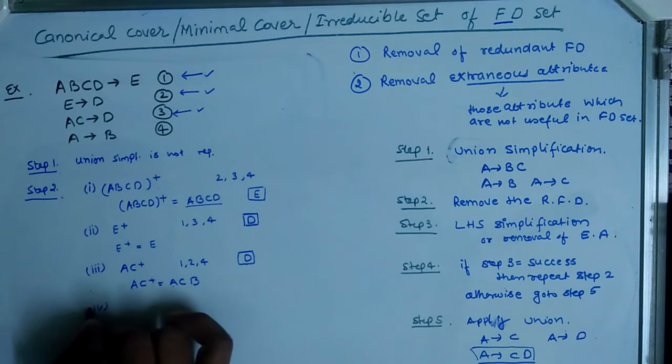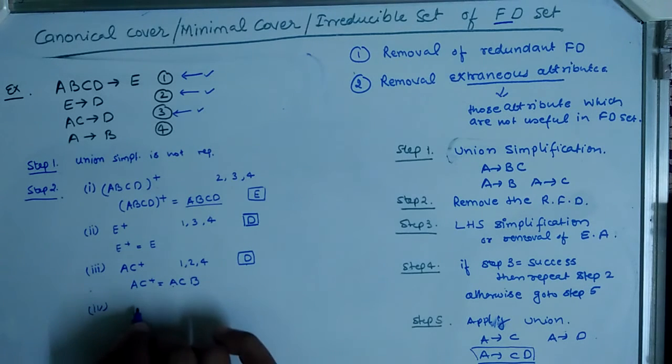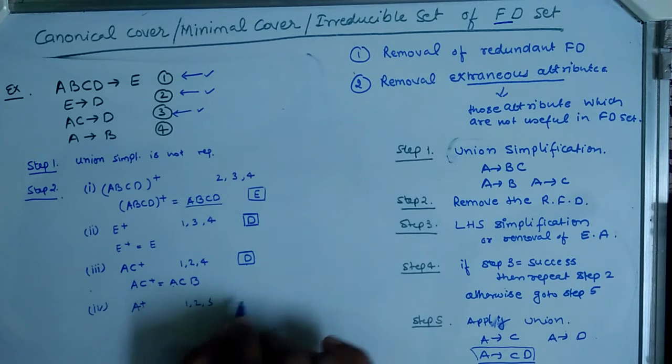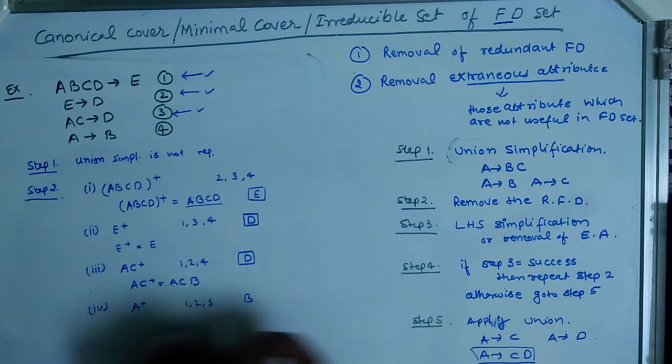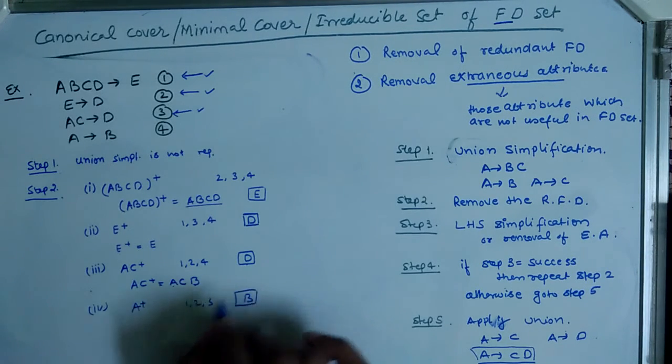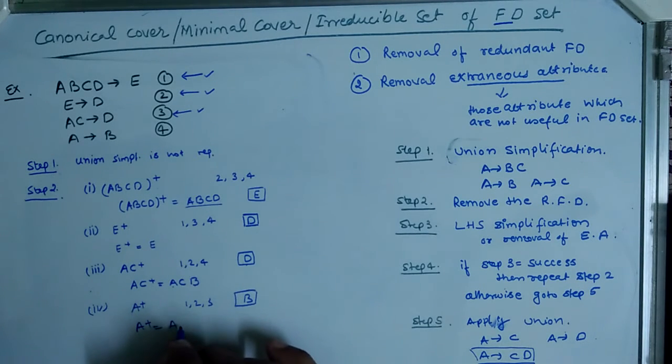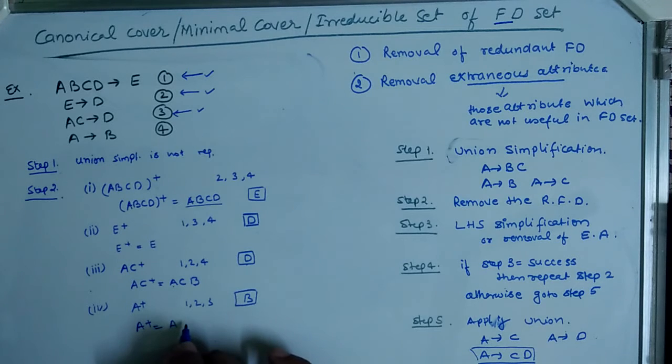The fourth functional dependency is A tends to B. You need to find the A closure from 1, 2, 3 and check whether B can be derived from these three FDs. So A closure gives you A. From the first equation you cannot derive anything, from the second equation also you cannot derive anything, and for the third equation also you cannot derive anything.